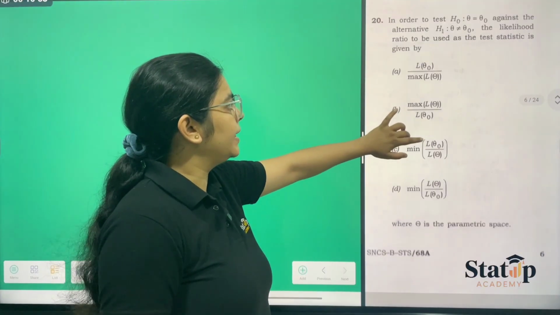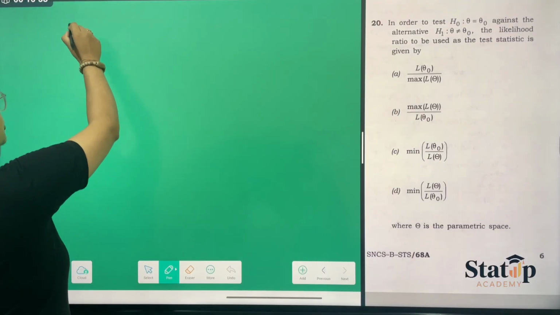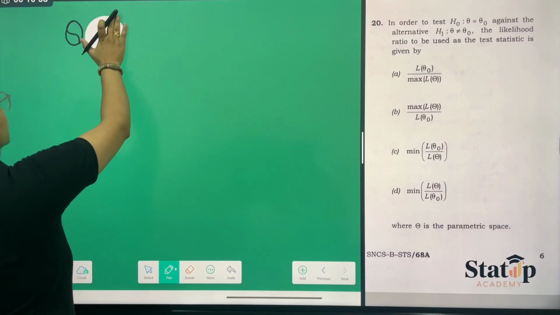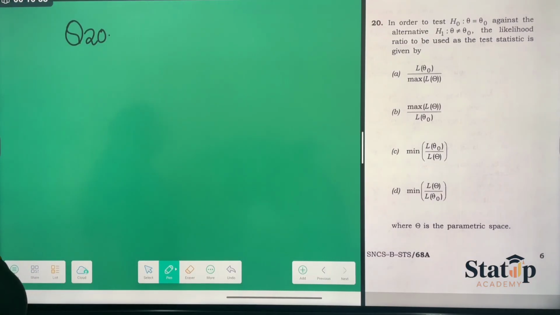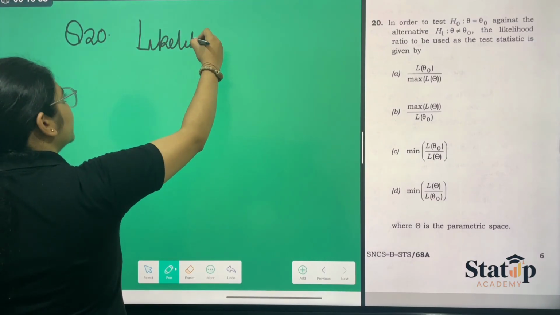Now, question number 20. Question number 20 is again the implementation of our theorem, the likelihood ratio test.